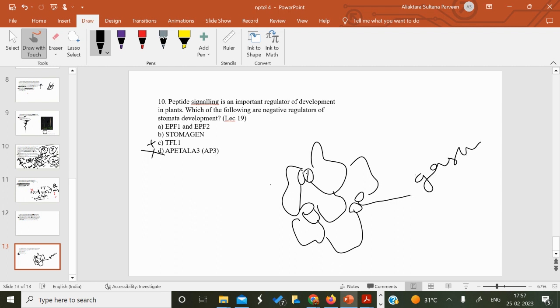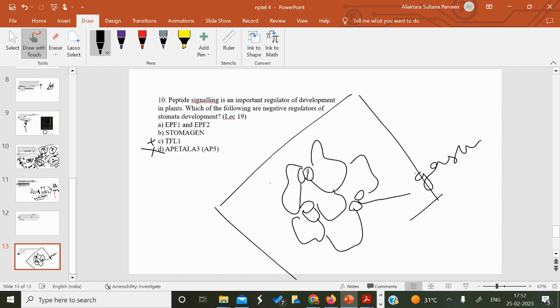If you see a leaf's abaxial surface under the microscope, you will see some stomata along with other cells. A stoma is formed of two guard cells, and because of the contraction of the guard cells, the pore will be formed, and that pore is responsible for the gaseous exchange.